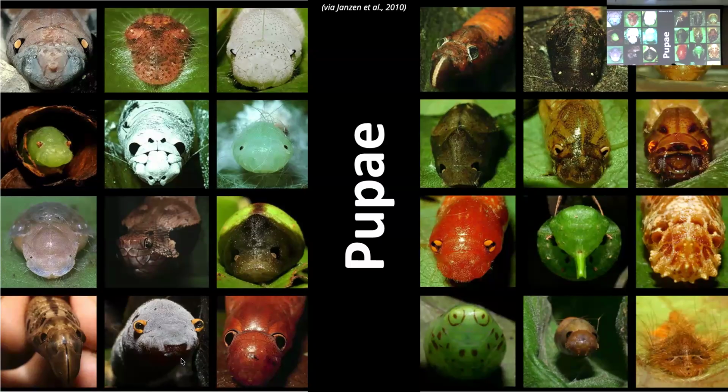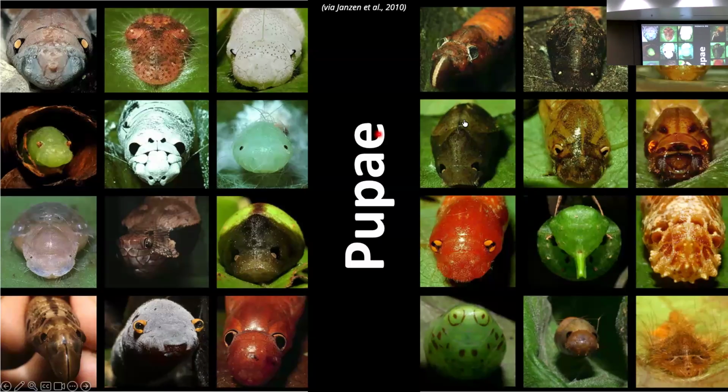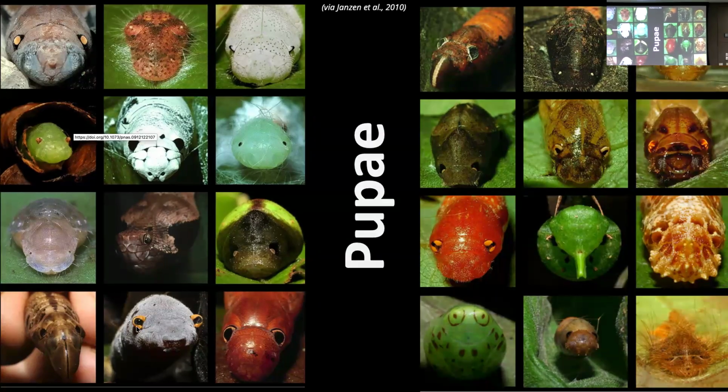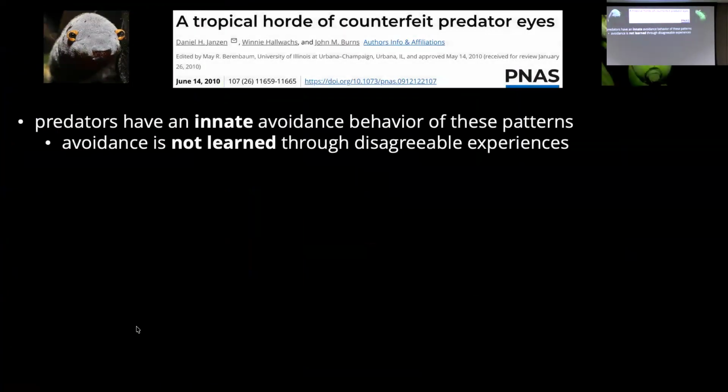These also get these eye spots. They all seem to be going for a similar cartoon look, but you really can't place what they are. And so when they looked across these, they realized that these are so different.